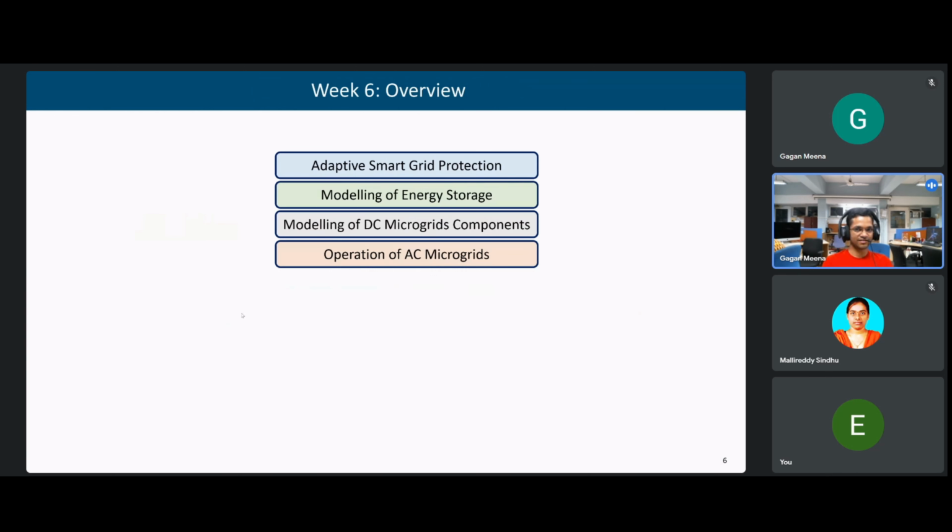We discussed that the conventional overcurrent relay is not sufficient and we need to add the directional element to it. So we need both directional and overcurrent elements in the distribution system because of the bidirectional power flow as a result of the integration of DERs.